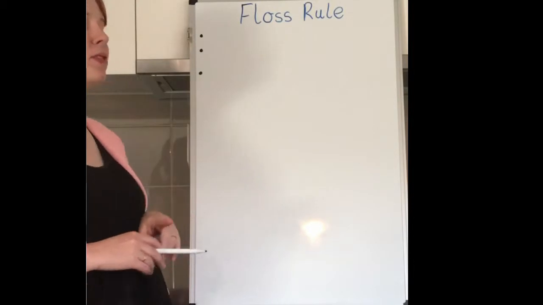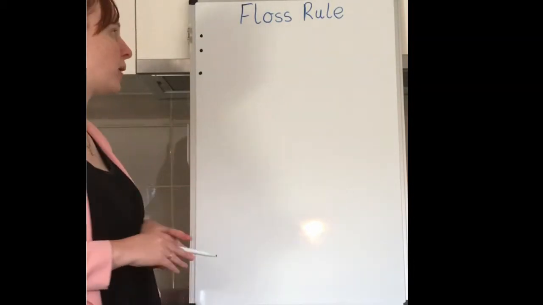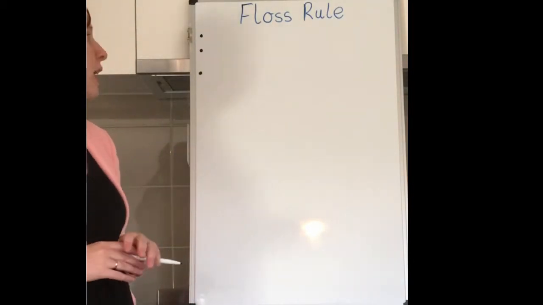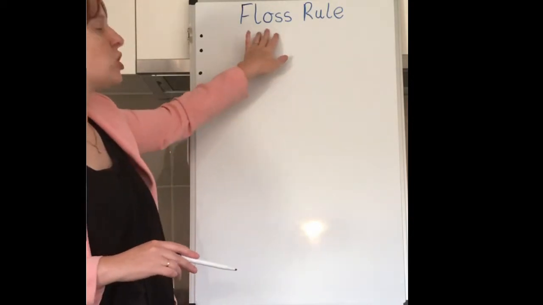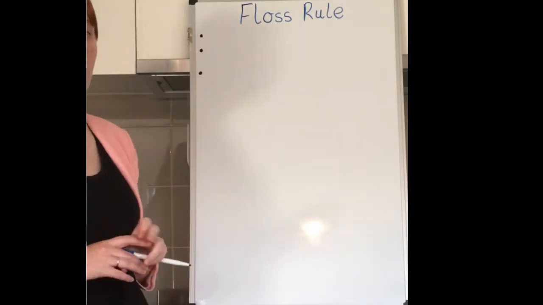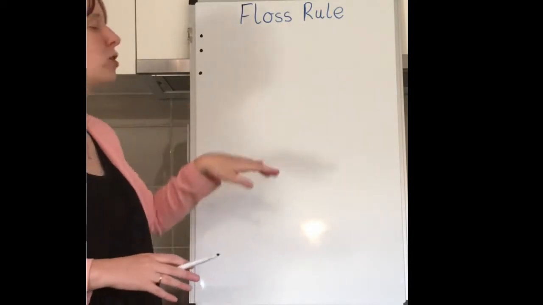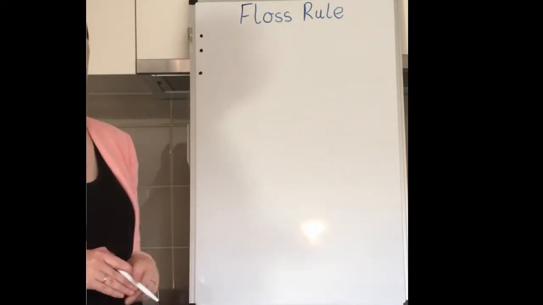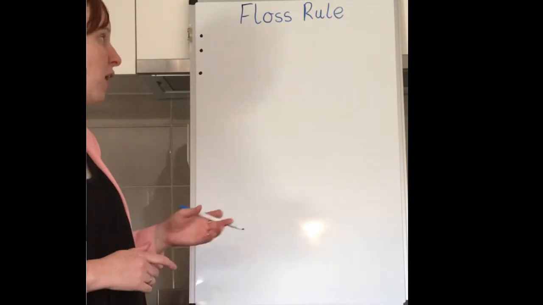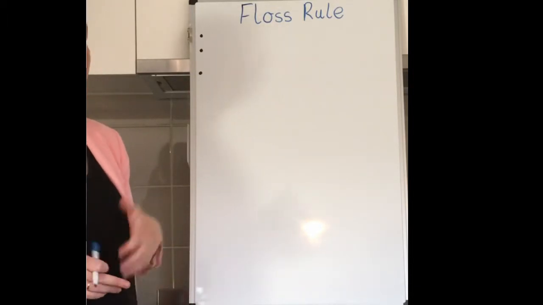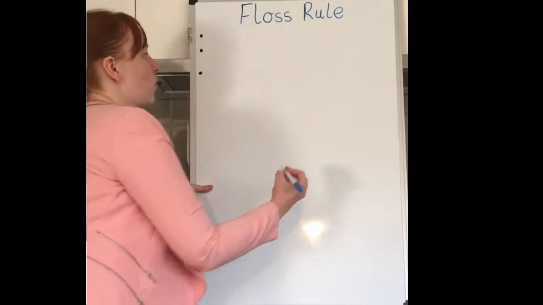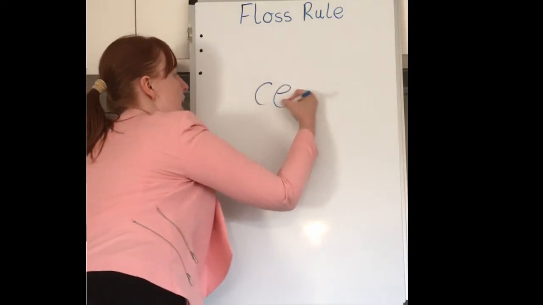Before I take you through the floss rule, I just want to explain my thinking and reasoning behind some of the syllables that I choose to model with. For example, I might choose to use a syllable known to a student, like floss, when explaining the floss rule. It's a syllable, and it's also a word that they know. However, I might choose to use a syllable that they're quite unfamiliar with, for example, ses.